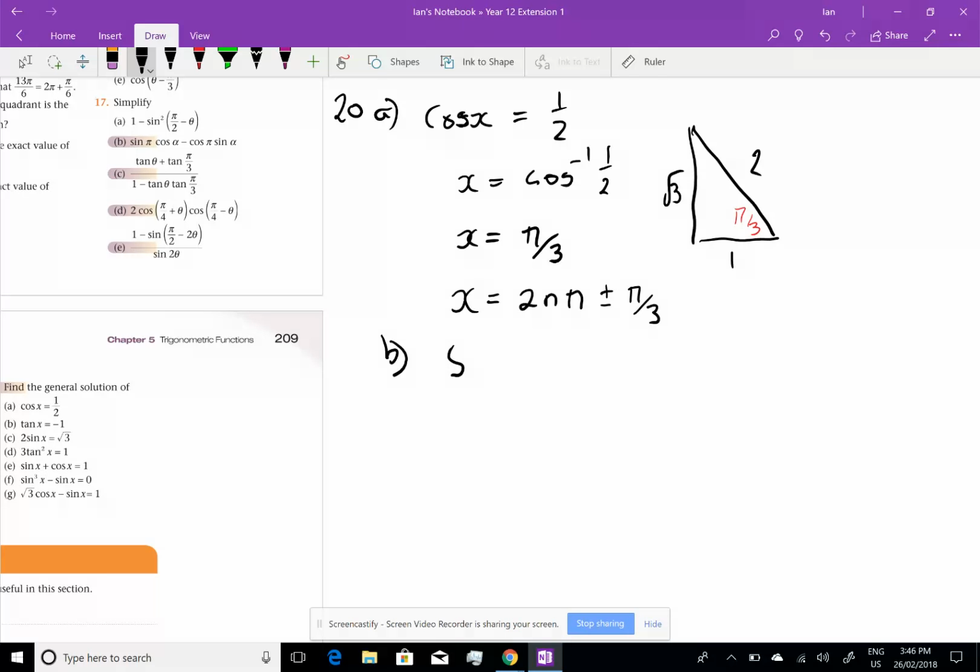Let's just take C, which is 2 sine x equals root 3, which basically gives us sine x equals root 3 on 2.